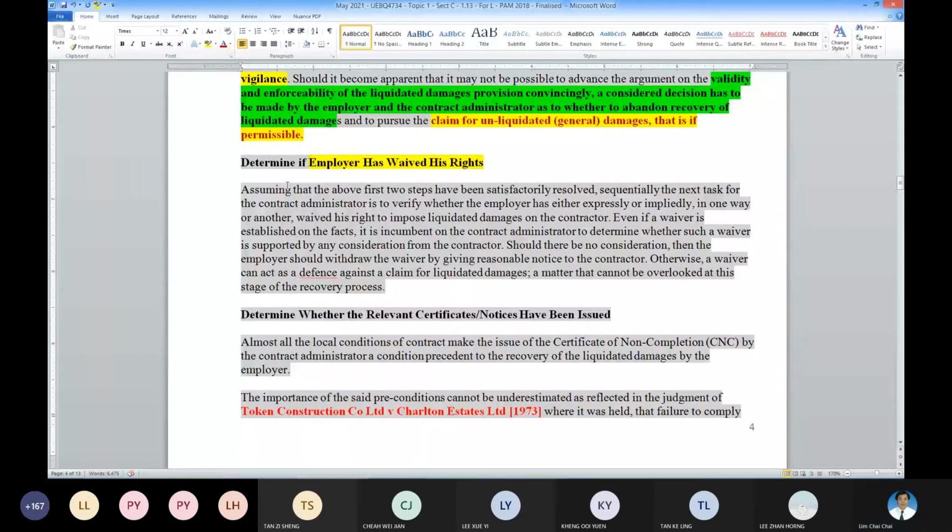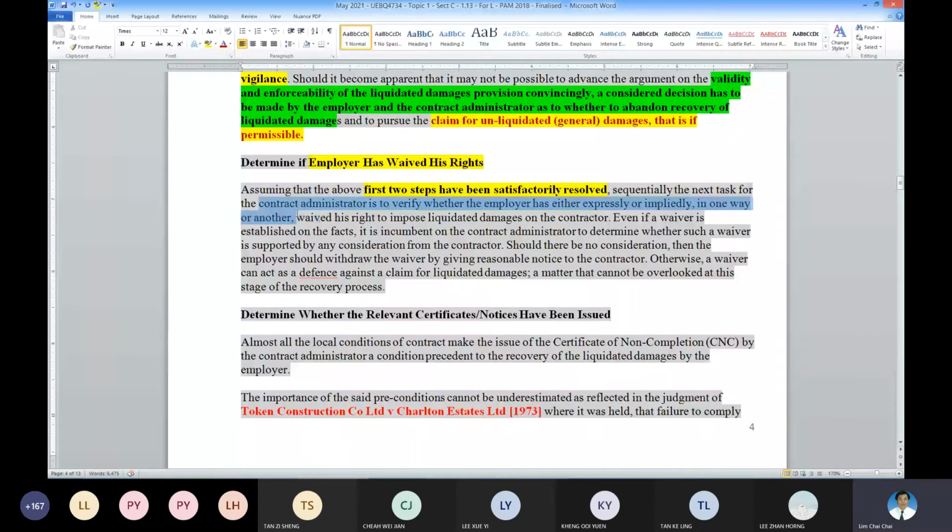So these are important points. That means the extension of time needs to be evaluated, the contract duration expired, and so on. Then we have complied already with the first two steps.